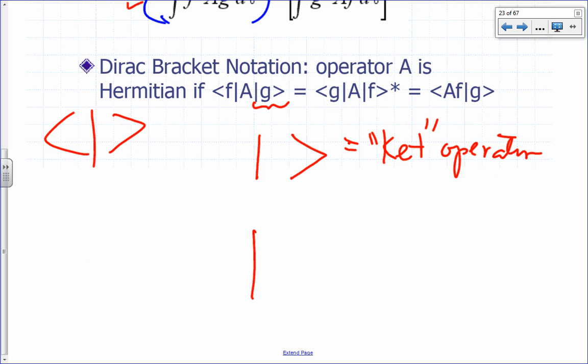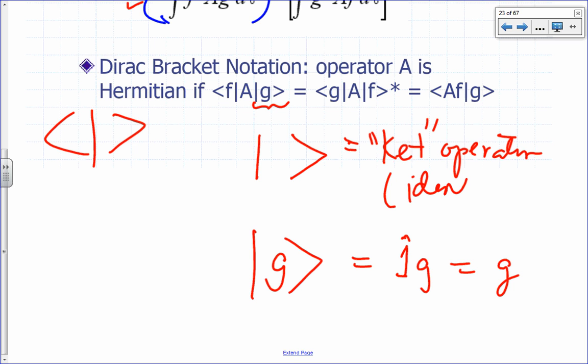What does that do if you put a function inside the ket operator? All it does is multiply it by 1. It's an identity operator. So putting a function inside the ket operator, all you're doing to it is multiplying it by 1. So the ket operator is really an identity operator.